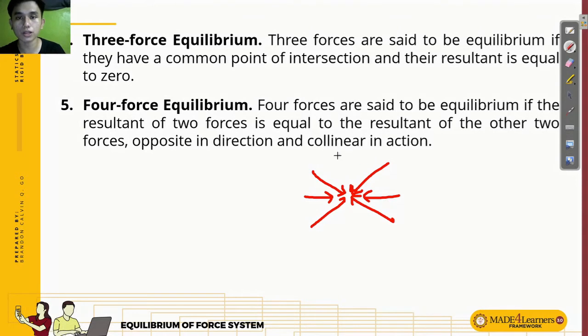So, they are balanced. It is the same as the three-force. Let's say this one, take x and y, and then take the summation of forces along x and the summation of forces along y, equal to 0.